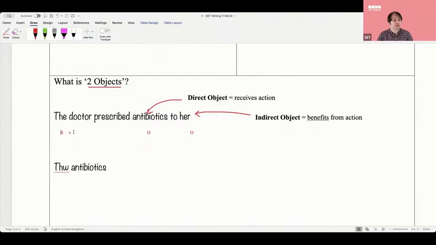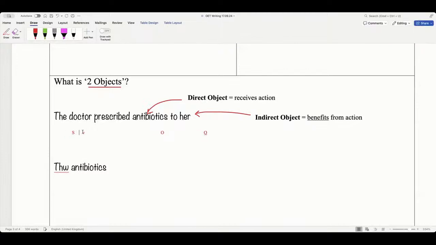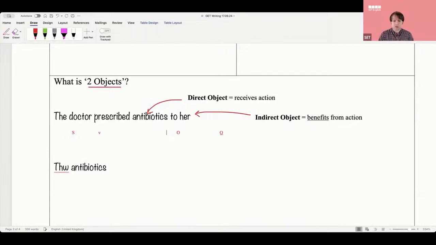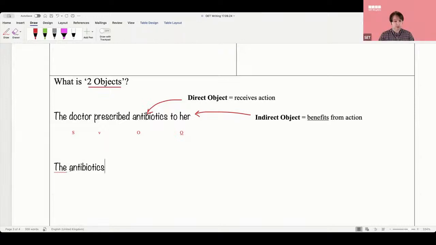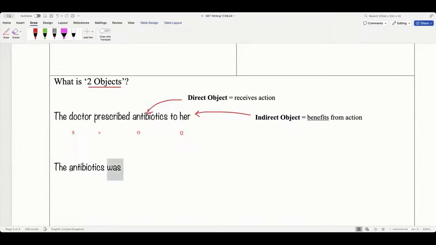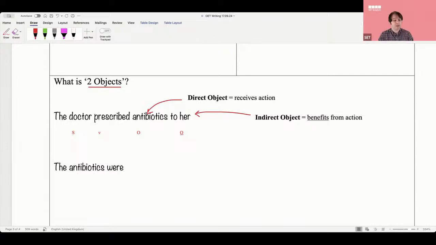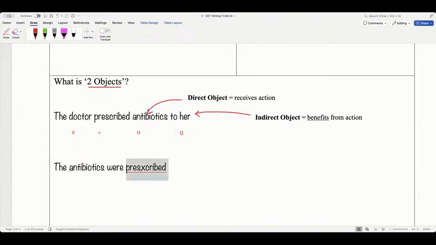The antibiotics. Direct object. So you're starting with the direct object. So the antibiotics were prescribed for her.